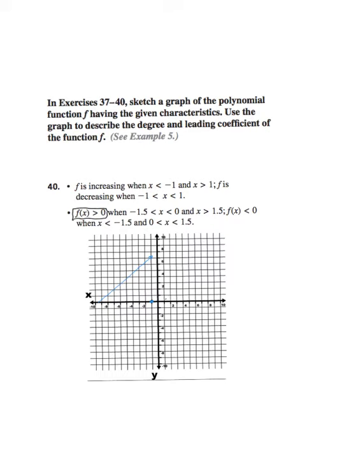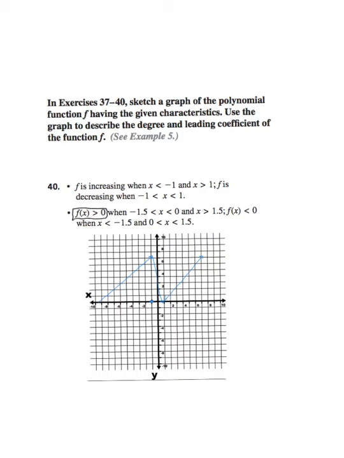Once it reaches -1, it's also increasing for values greater than 1. So up here again. So it must be decreasing between -1 and +1. These are just telling us that the graph is going up and down and then back up again at those places.